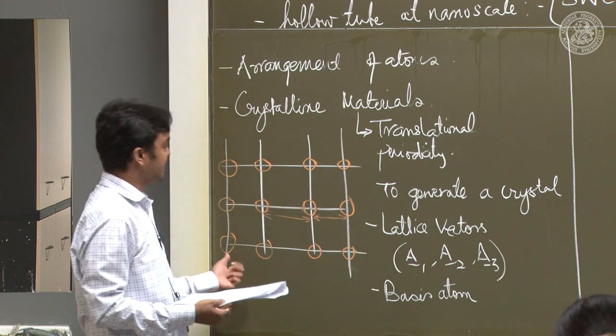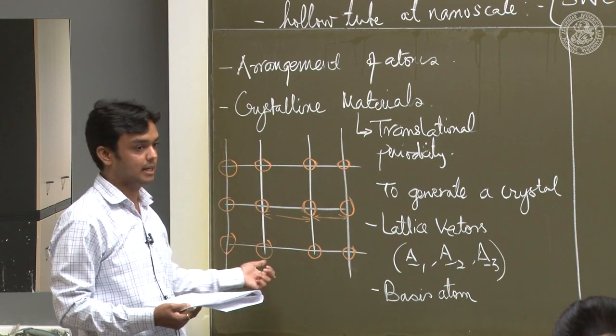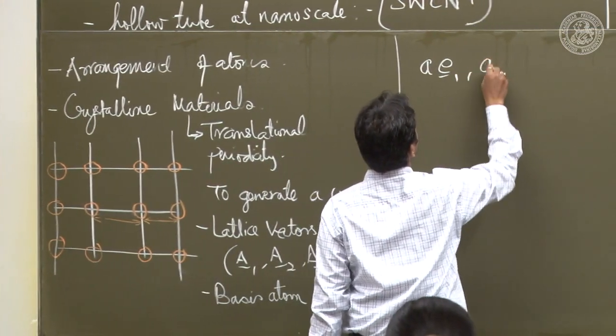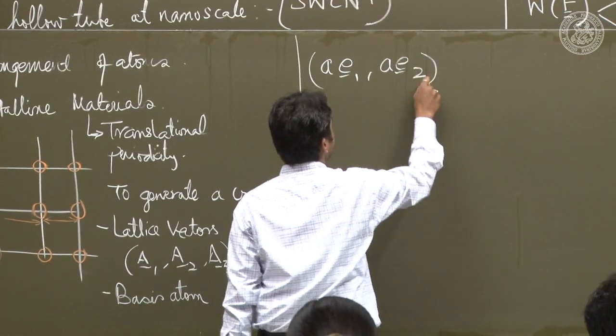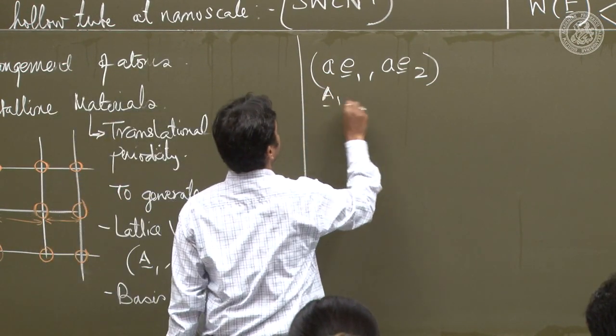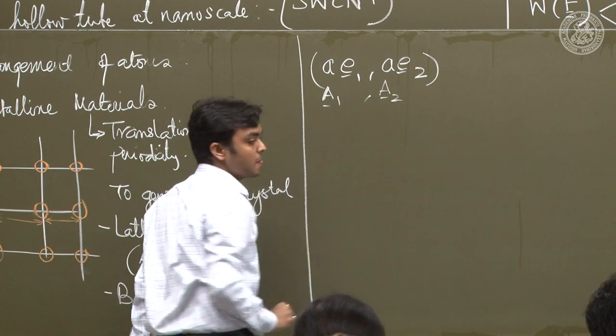So if I take the example of this 2D lattice, I have a1, a2 as my lattice vectors, that's my capital A1 and that's my capital A2.